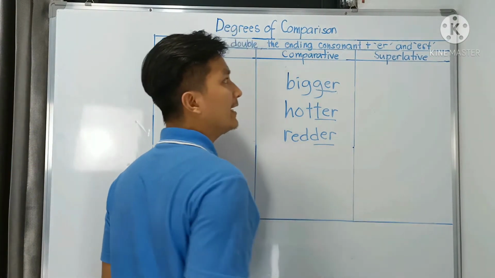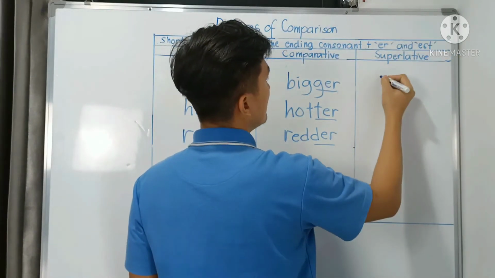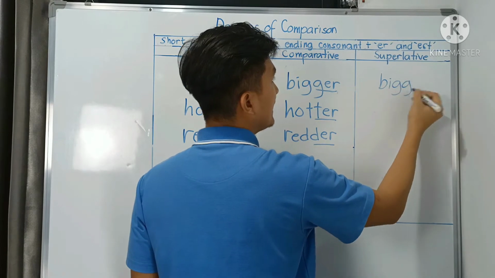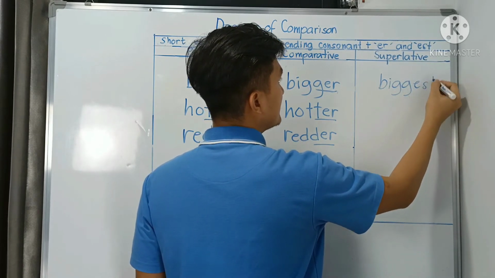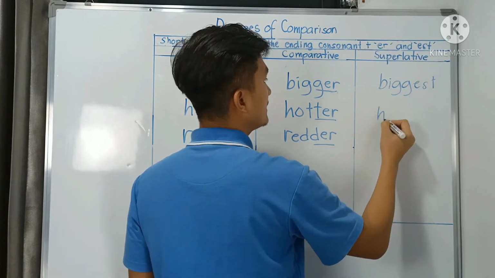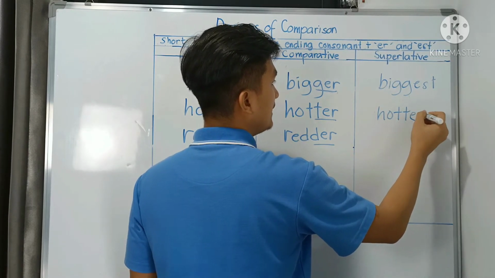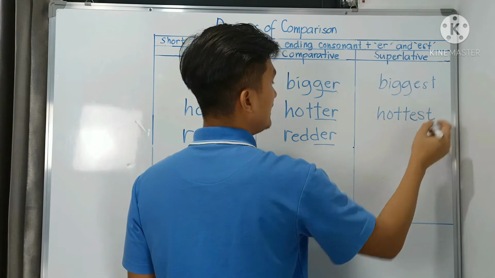And how about here, EST. In here, we're going to add EST. So it will be big, double the consonant, and EST. Hot, double the consonant, and EST.